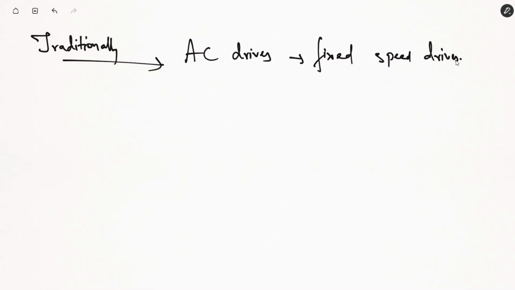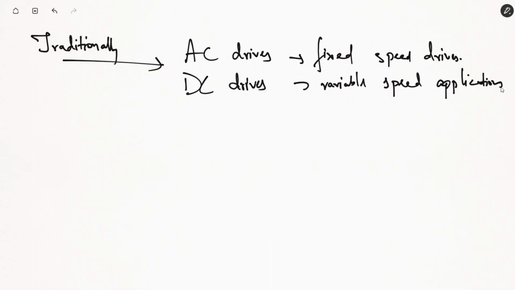So traditionally, AC drives were employed in such applications, and DC drives were used in variable speed applications. This is what was the traditional approach. AC drives were used for fixed speed applications, while DC drives were used for variable speed applications.